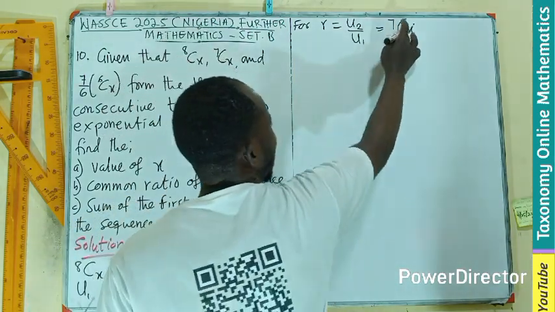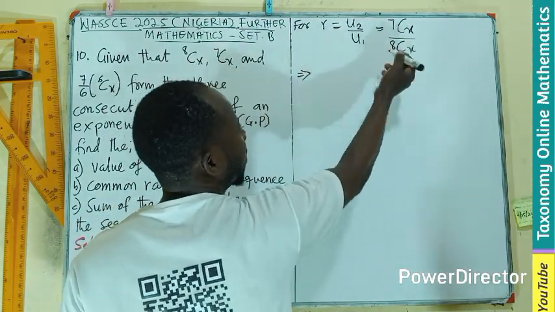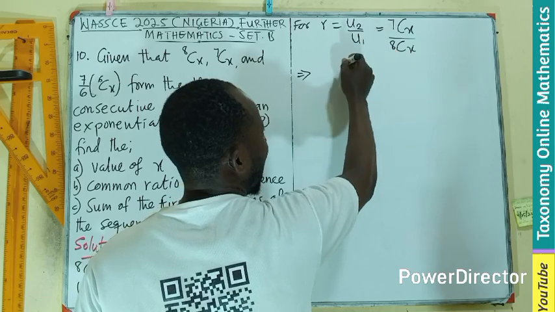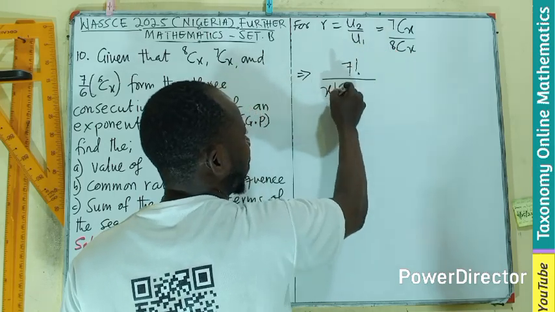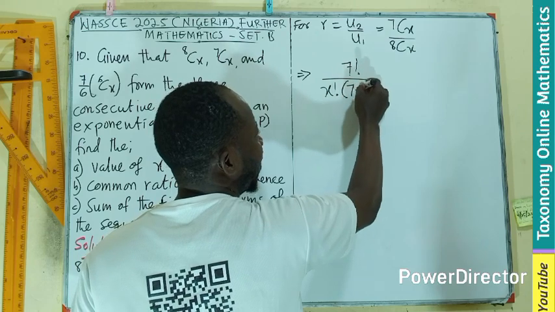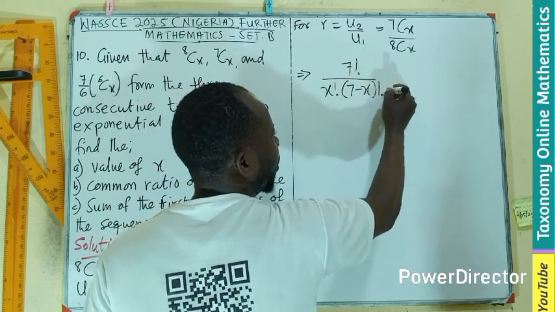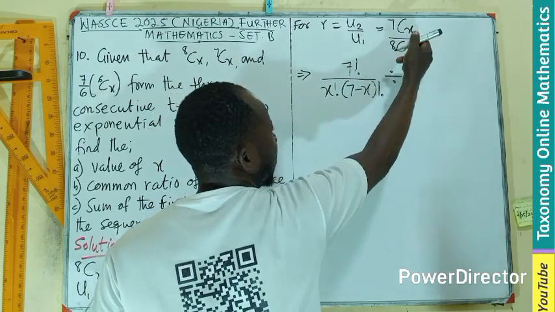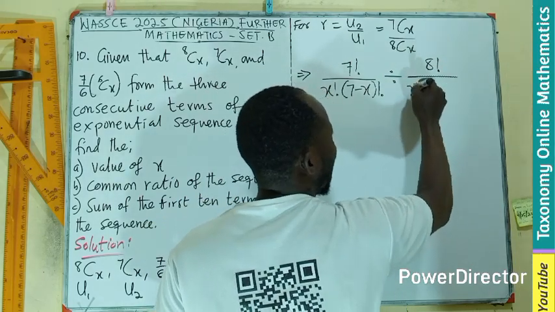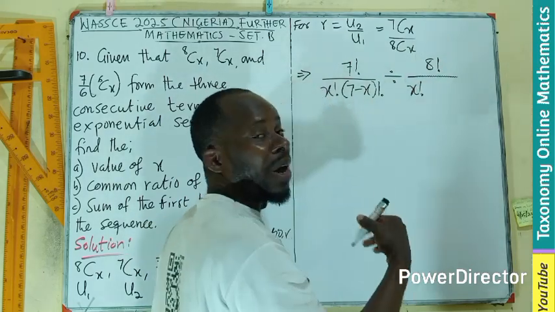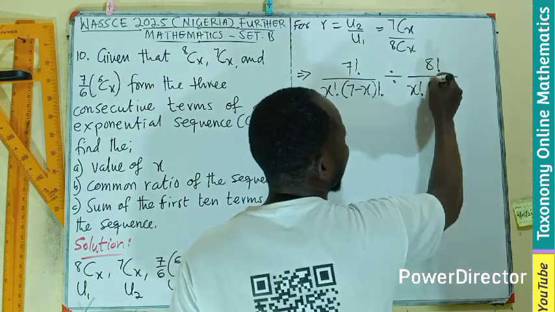The expansion of this becomes n factorial divided by r factorial times n minus r factorial. So I have 8 combination x, factorial, factorial.